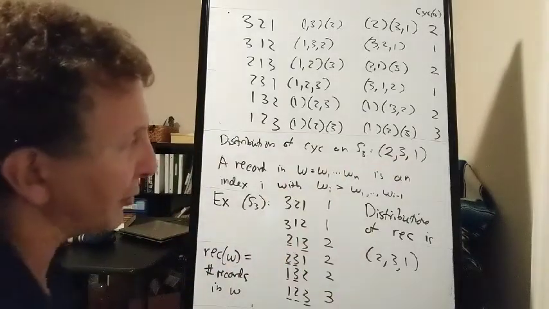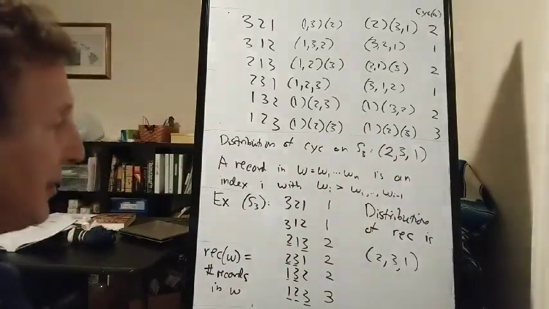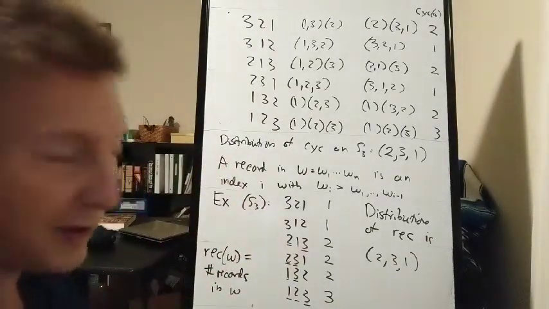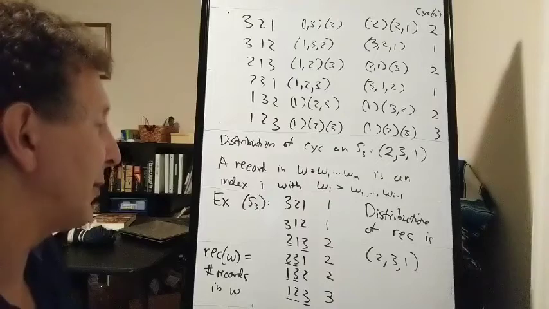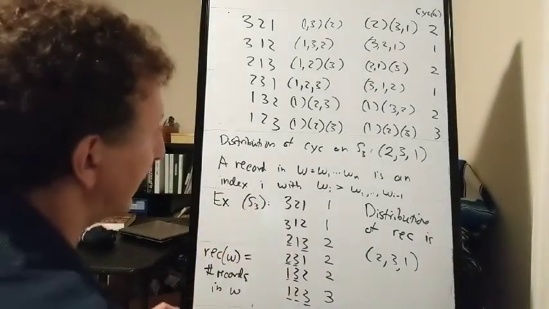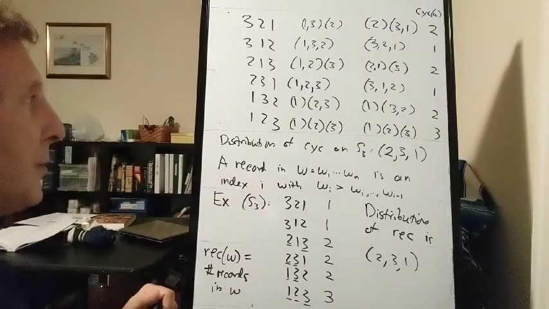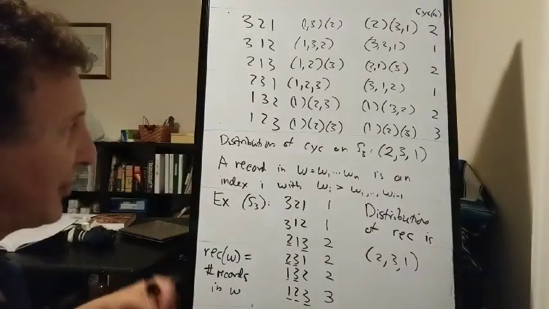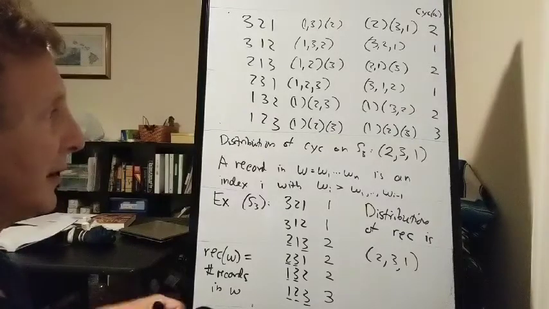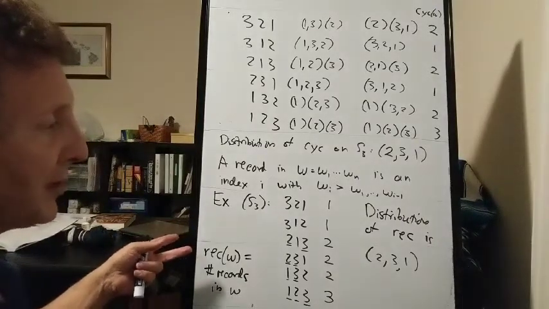The sequence of numbers we get counting number of permutations with 1 cycle, 2 cycles, 3 cycles, 4 cycles, etc. is the number of permutations with 1 record, 2 records, 3 records, 4 records, etc. So to see this, we're going to define a bijection on the symmetric group that maps a permutation with k cycles to a permutation with k records.